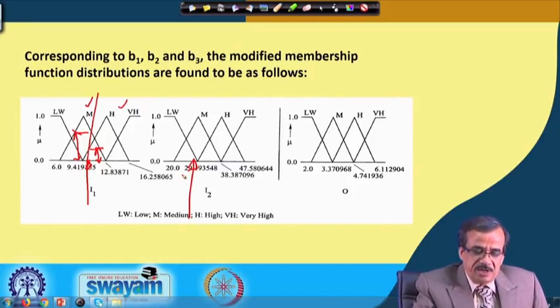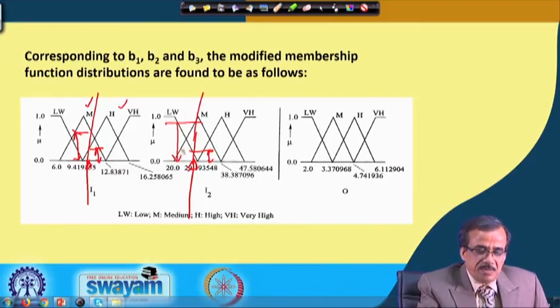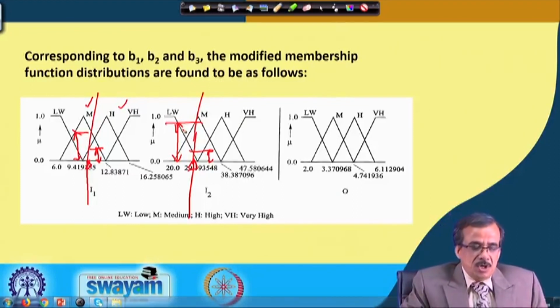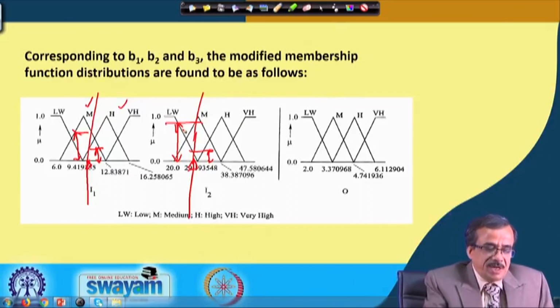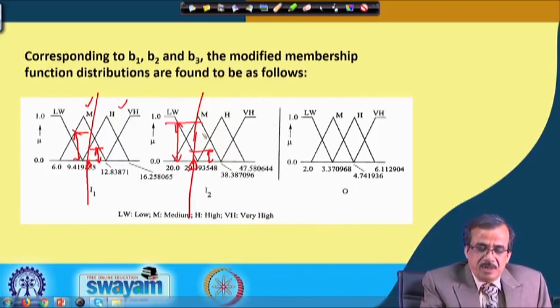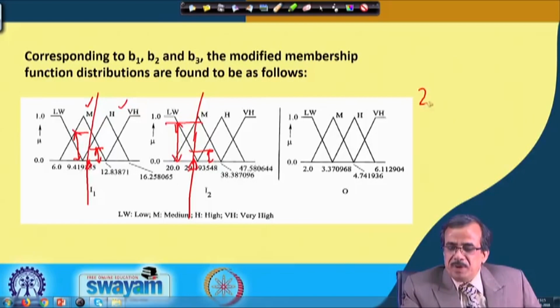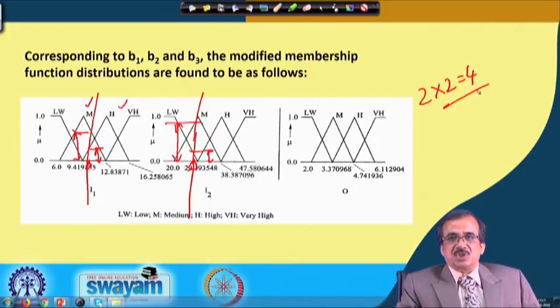For this 28, it could be low with this much membership function value, and it could be medium with this much. So, I1 could be medium or high, and I2 could be either low or medium. So, I have 2 multiplied by 2, a maximum of 4 fired rules.